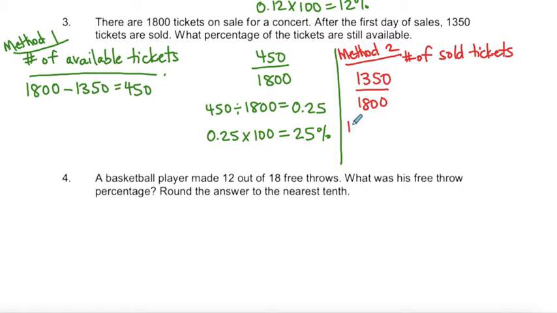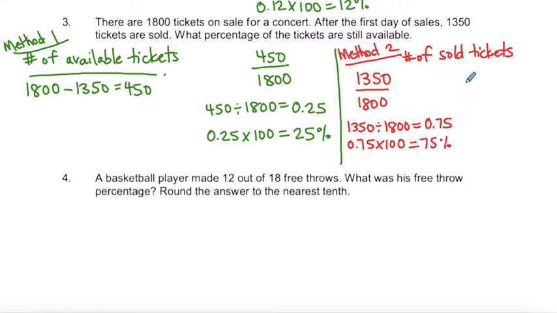So this becomes 1,350 divided by 1,800. And that gives us 0.75. Take that value, change it into a percentage by multiplying it by 100. That gives you 75%.